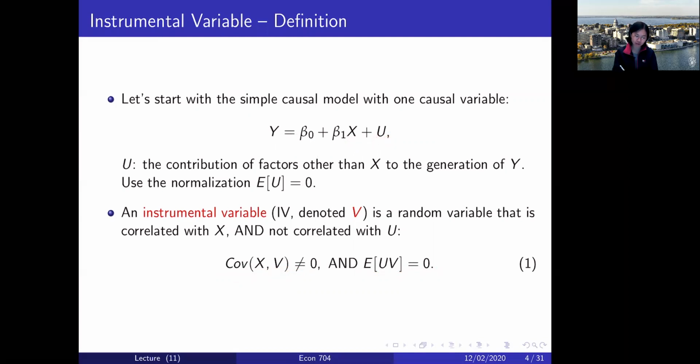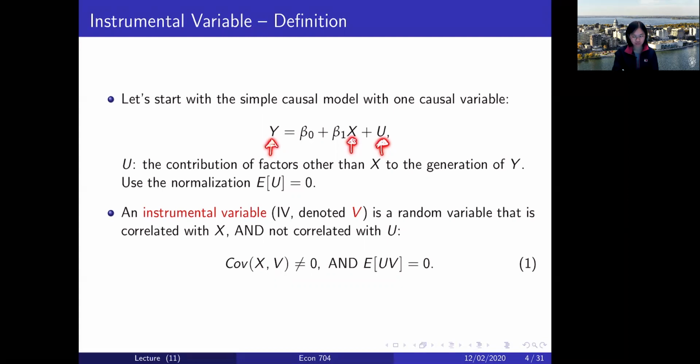So suppose you want to estimate the return to education. x is education, y is wage, and u is other things that contribute to wage that are not education. Then an instrumental variable should shift education, should be correlated with education, but should not be related to any of the other factors affecting y.